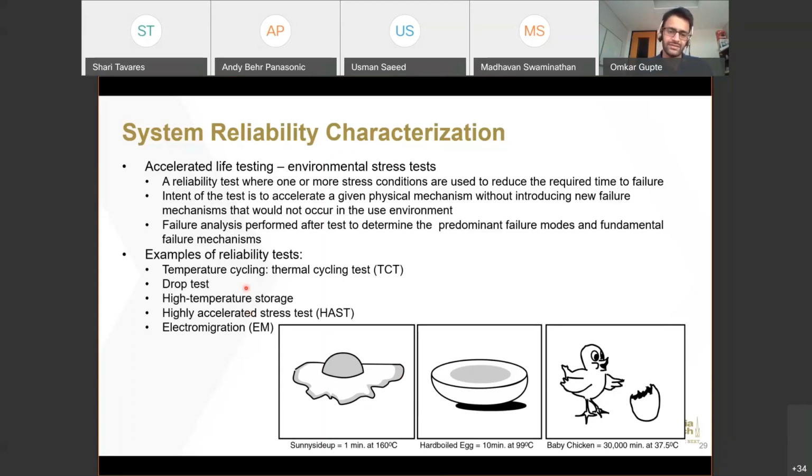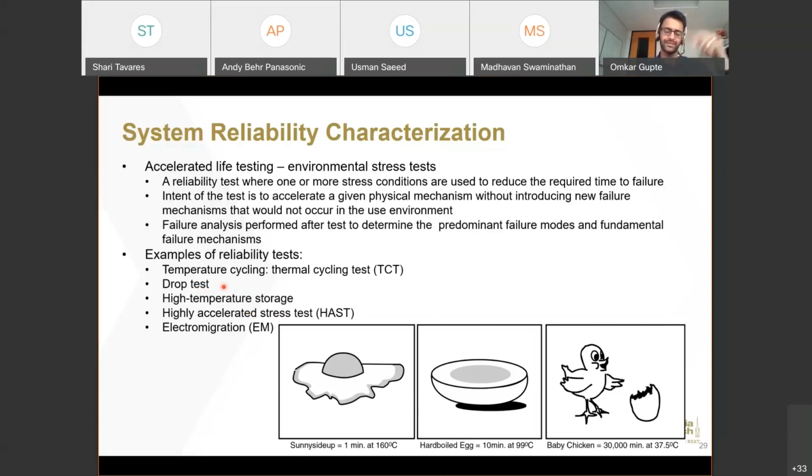These are some examples of reliability tests. The thermal cycling test, where the package is cycled between low and high temperatures. Drop test, where it's dropped from a particular height based on different standards. High temperature storage. Highly accelerated tests have high temperature, high humidity, and sometimes even bias if that is to be applied.